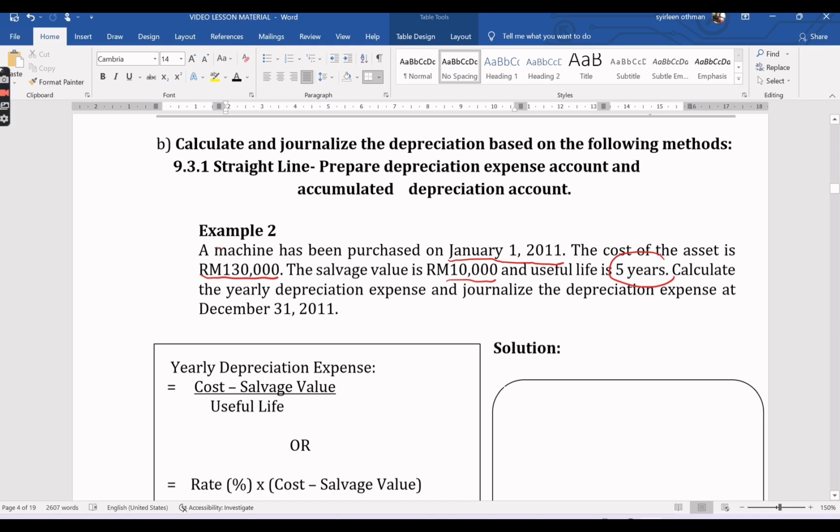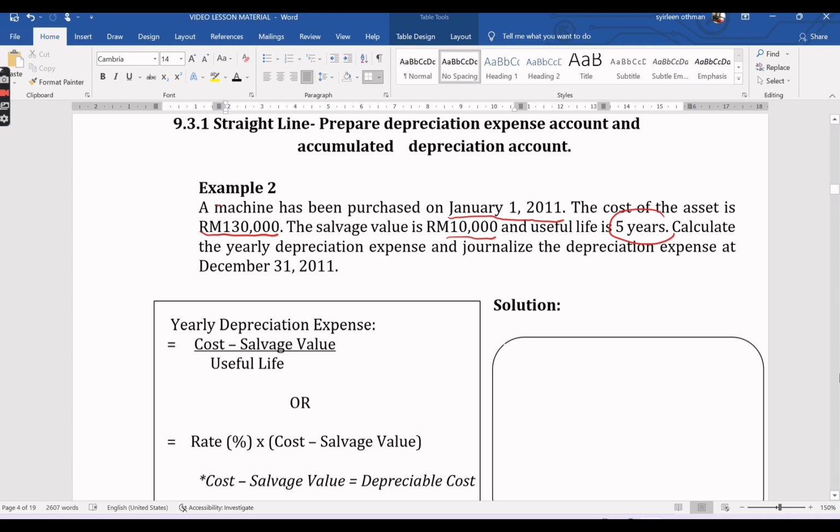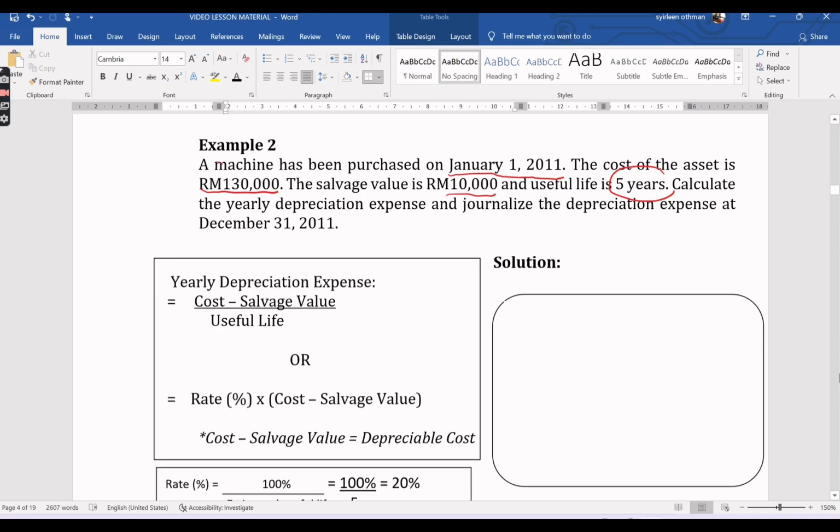So how do you do the calculation for the straight line method? We calculate the depreciation expense based on this formula. We take the cost of the asset, deduct the salvage value, and divide by the useful life, and that is how you get the depreciation expense.